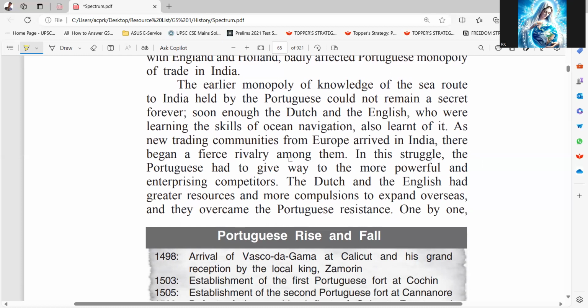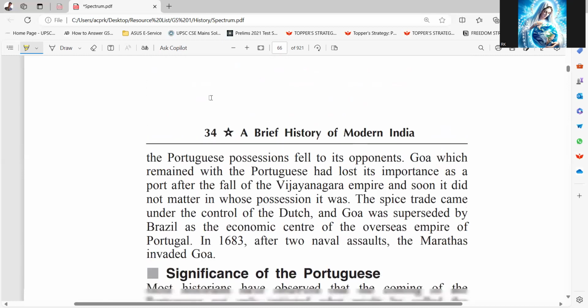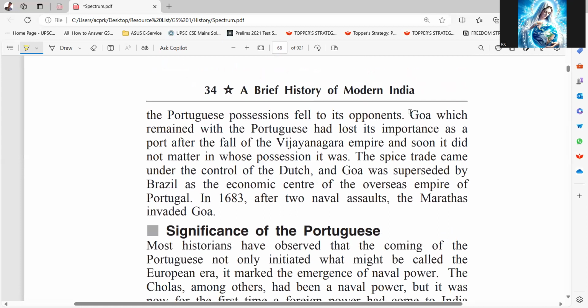In this struggle, the Portuguese had to give way to the more powerful and enterprising competitors. The Dutch and the English had greater resources and more compulsions to expand overseas, and they overcame the Portuguese resistance. One by one, Portuguese possessions fell to its opponents.